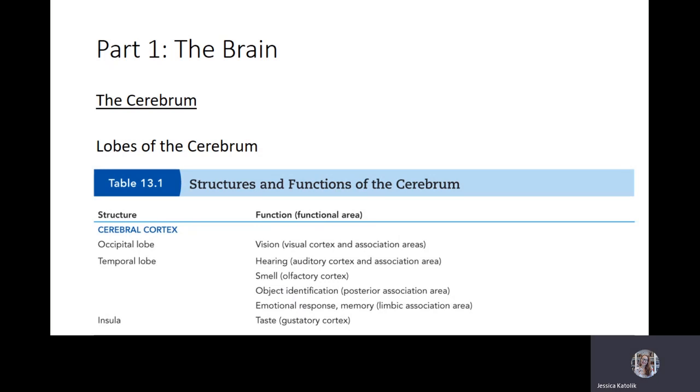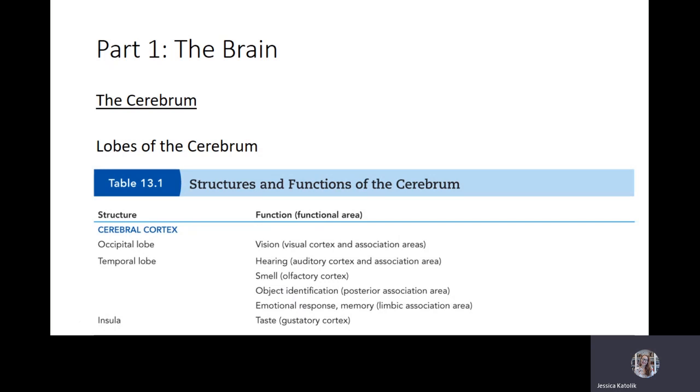The temporal lobe is going to be responsible for processing hearing, smell, and object identification, and also be important for emotional responses and memory.